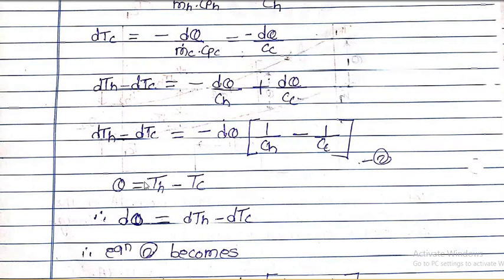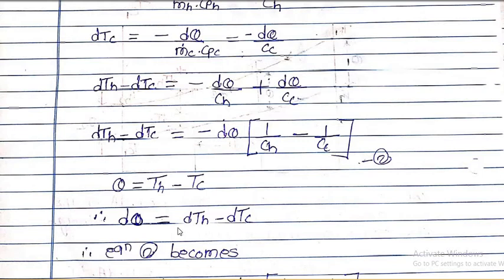Now we know that theta is equal to th minus tc. Therefore d theta is equal to dth minus dtc. We have taken the differentiation of theta, so for that purpose we have to take the differentiation of two temperatures, the hot fluid temperature and the cold fluid temperature.